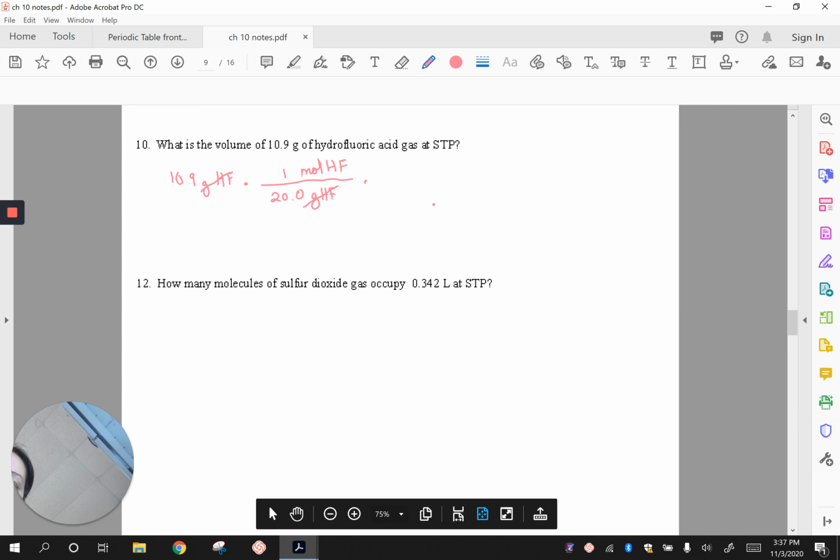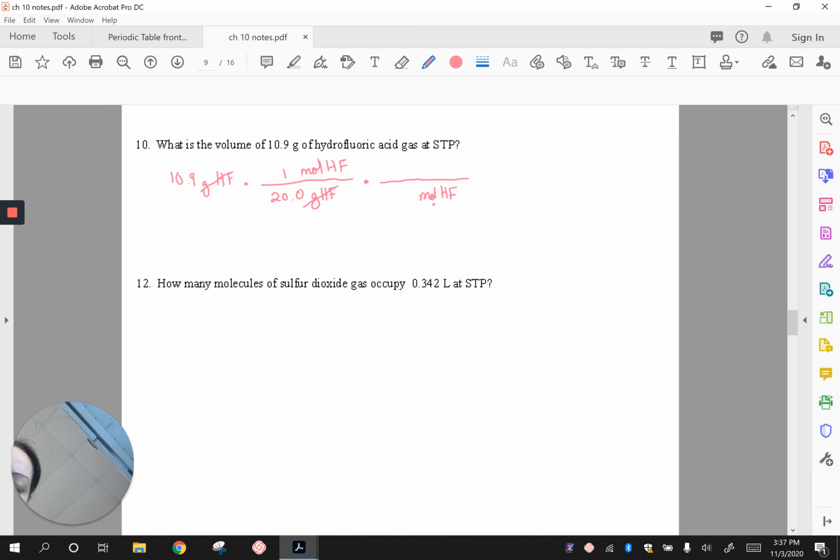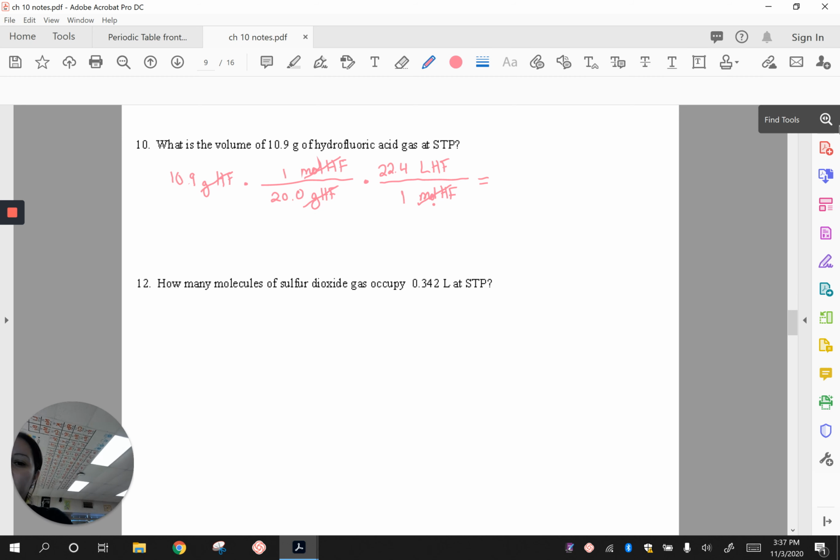So I'm going to do another conversion factor. On the bottom, I'm going to put moles of HF so they cancel, liters of HF because that's what I'm looking for, and we said 1 mole is 22.4 liters. My moles cancel. So in your calculator, you want to do 10.9 divided by 20 times 22.4, and this gives you 12.2 liters of HF.